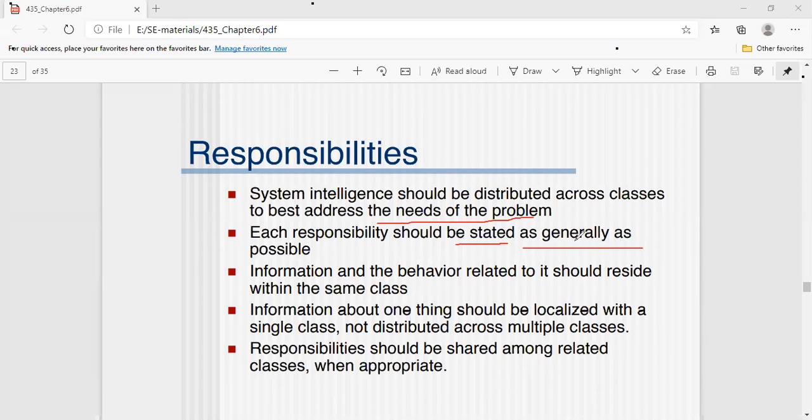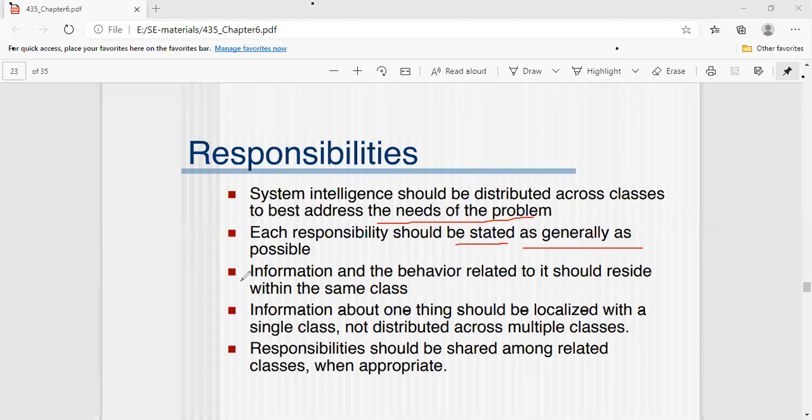If you want to handle one problem, here we are going to write some solution or some action to solve that particular problem. So how are we going to write it? As simple as possible here. So that's the second point.